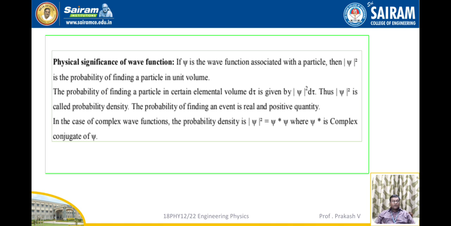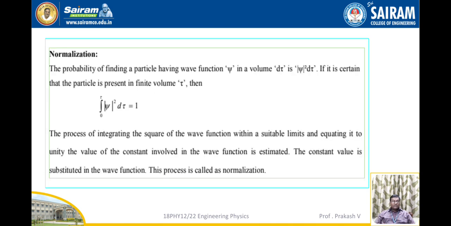Now let us concentrate on what is normalization. The probability of finding a particle having wave function psi in a volume d tau is psi square d tau. If it is certain that the particle is present in a finite volume tau, then the integral from 0 to tau of psi square d tau is equal to 1.